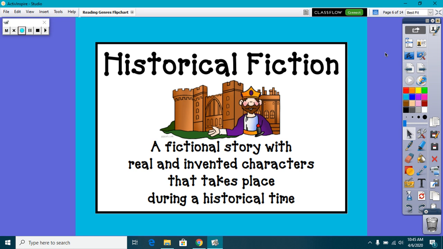So think about the Magic Treehouse books, how Jack and Annie go back in time to places in history, and sometimes they experience events that really did happen in history, and they meet characters that are based on people that really did live, but it's still fiction because the story is made up, and it's also not possible for people to really go back in time. So it's definitely fiction, but you get to learn a lot about history and historical people when you read historical fiction.